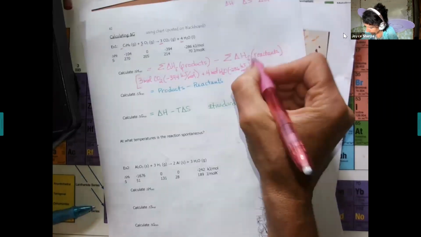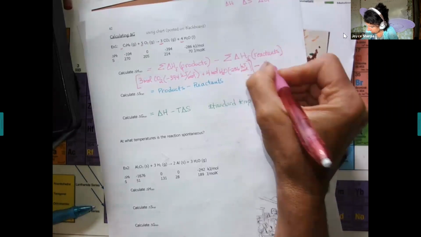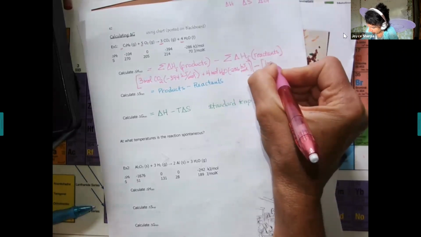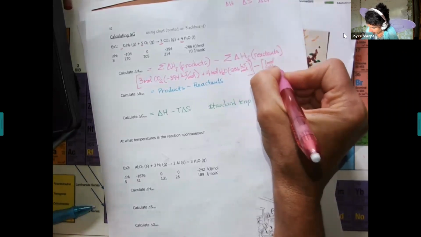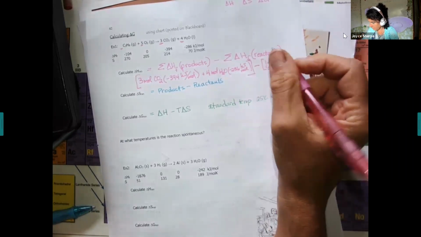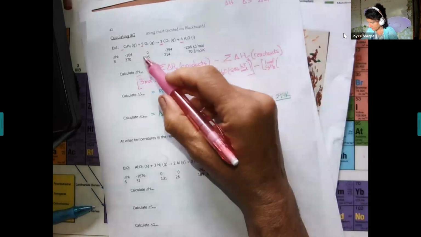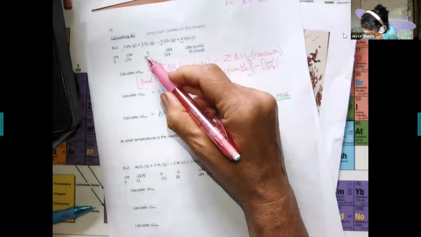So those are your products. And then our reactant is our 1 mole of the C3H8, and that one is negative 104. So the oxygen, let's talk about this.